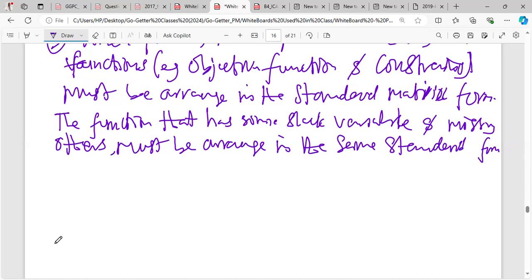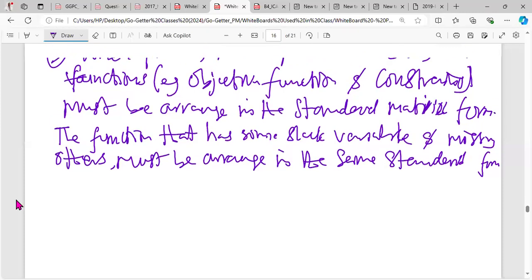So it means that the one that has S1 but no S2 and S3, you have to put S2 and S3, but you put 0 in front of them. Okay.